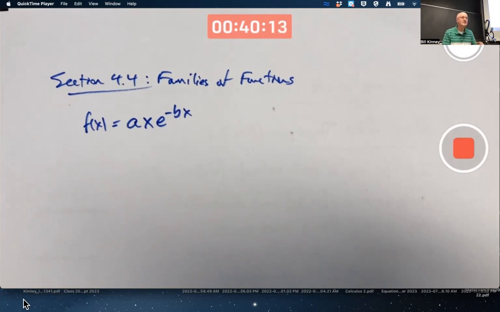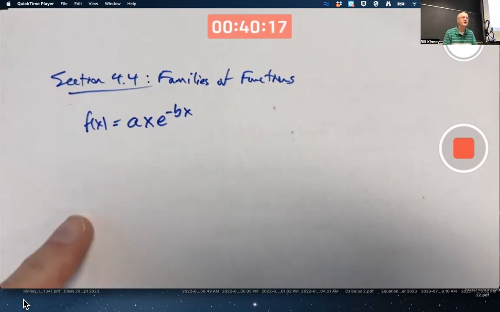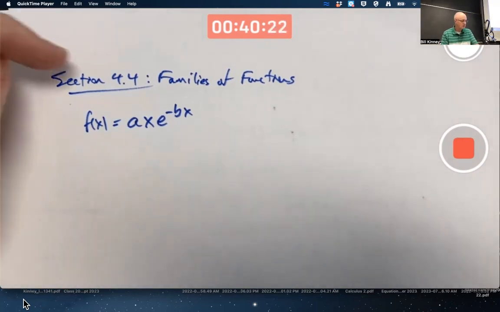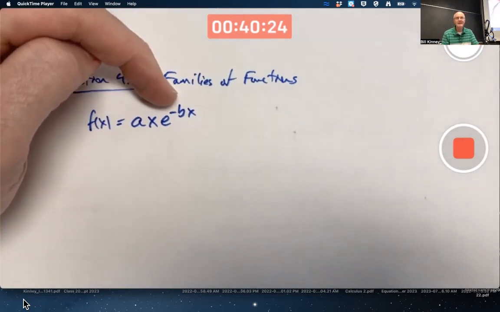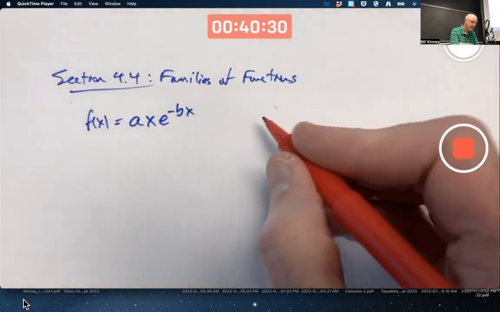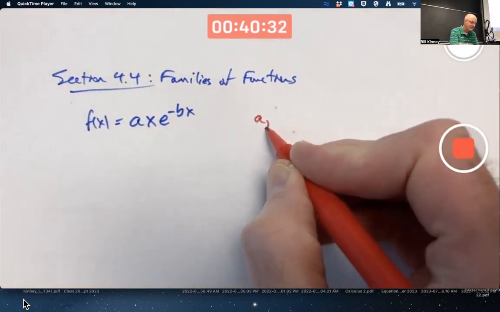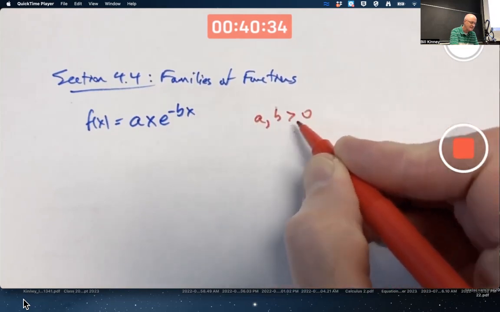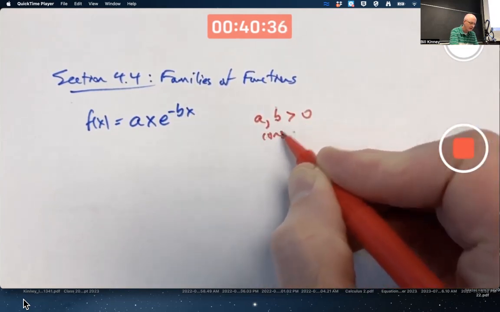I could even allow them to be negative constants if I wanted to, though for most applications of this function, you would want them to be positive constants. Though do look at the fact that I have a negative sign in front of the b here. So if b is a positive constant, then negative b is a negative constant. So I'm going to go ahead and assume that a and b are positive constants. I'll write that like this.